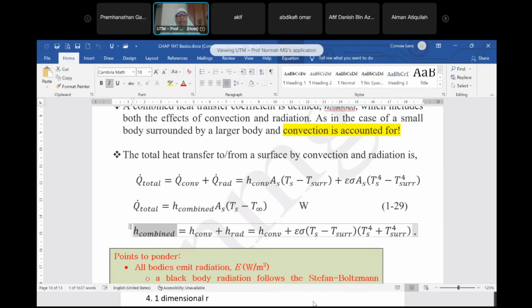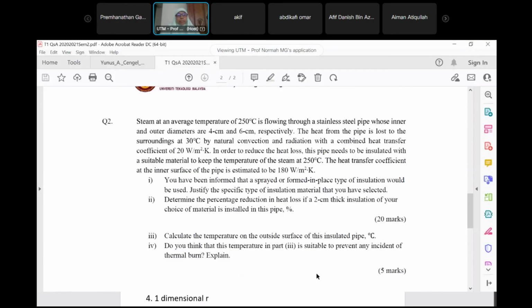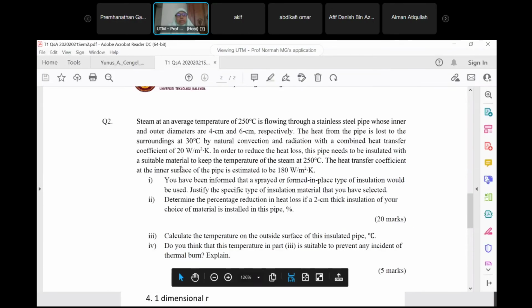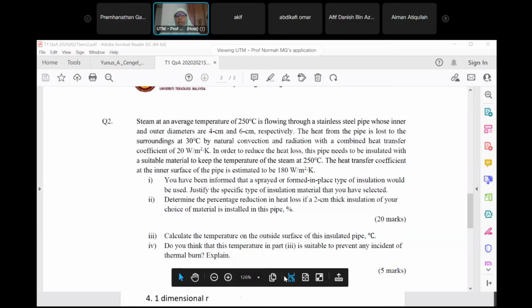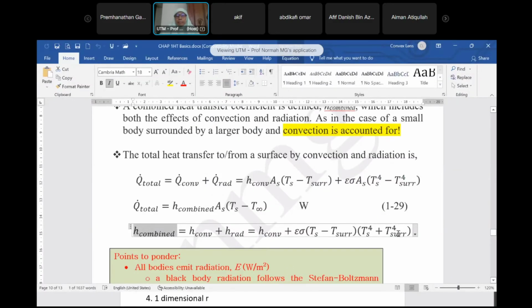And then you have Chapter 1, which is different from ours, it gives natural convection in relation with the combined heat transfer. Surrounding at 30. The T surface, you have to find first. Not sure.